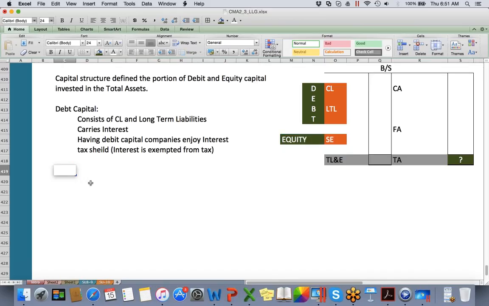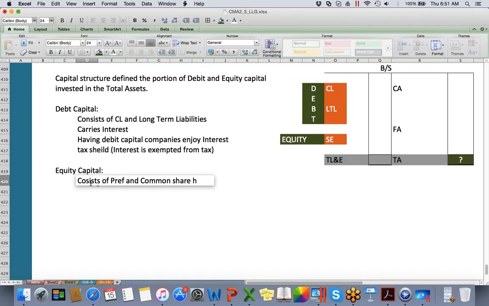Equity capital consists of preference and common shareholders' funds, and carries dividends, fixed for preference shareholders and flexible for common shareholders.